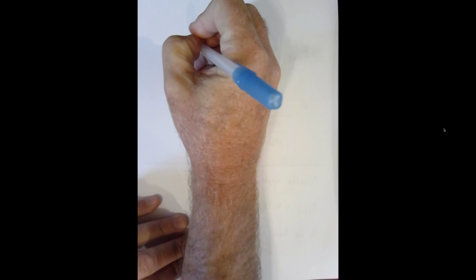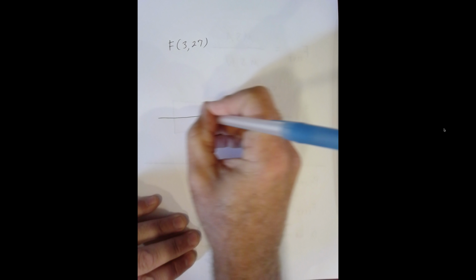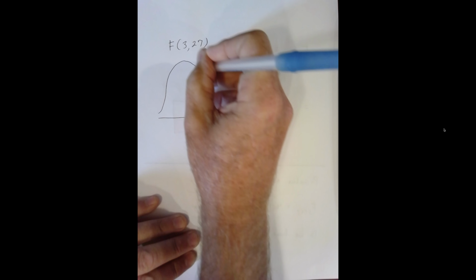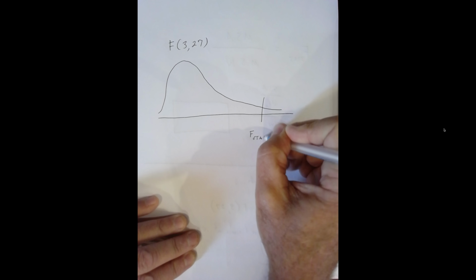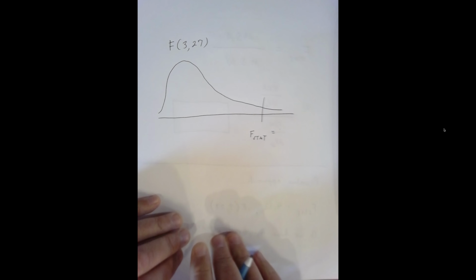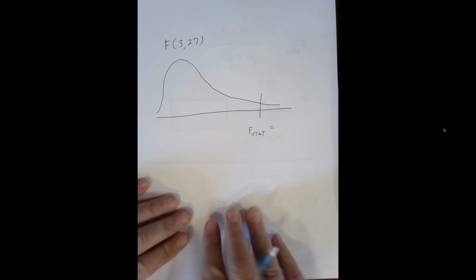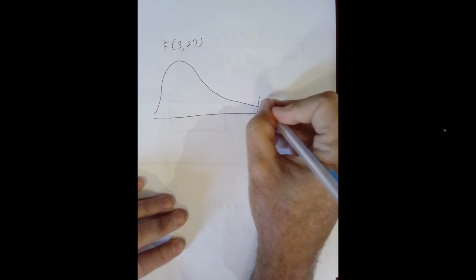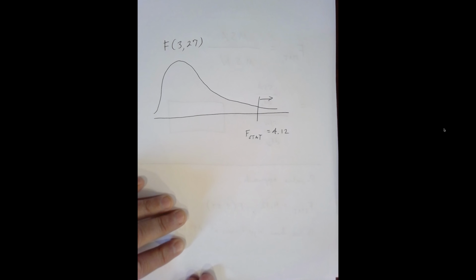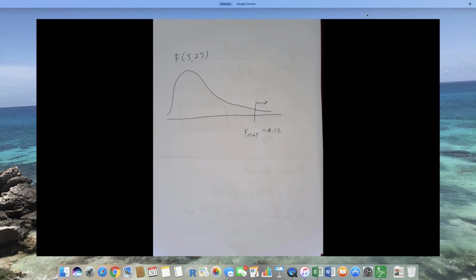So we have an F distribution, degrees of freedom 3 and 27, which is going to look something like this. Our F statistic is equal to, what did I say, 4.12? So essentially, guys, what are we looking at? We're looking at the area right of this, and if that area is less than 0.05, then we have statistical significance. If it's greater than 0.05, we don't. So how are we going to do that? Well, guys, we're going to do it the same way.